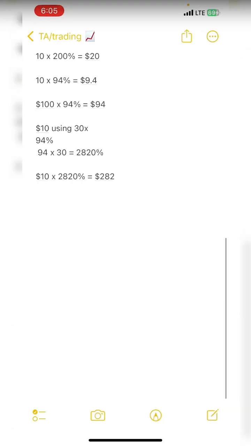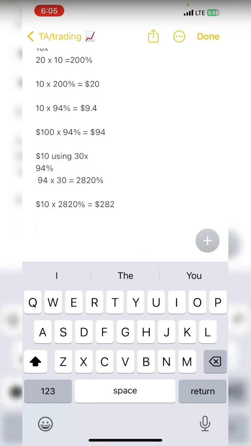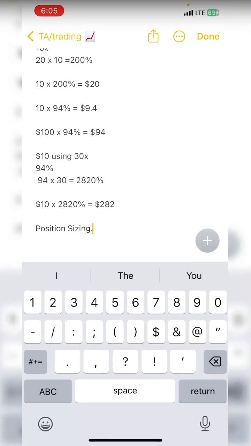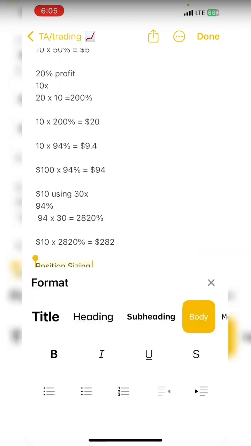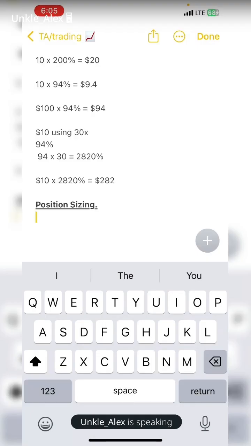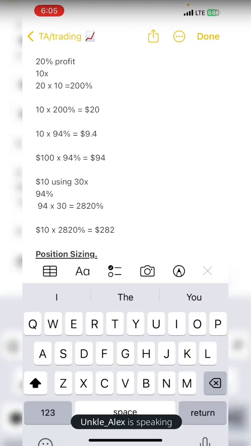Position sizing. Here, I'll be showing you how to do it.